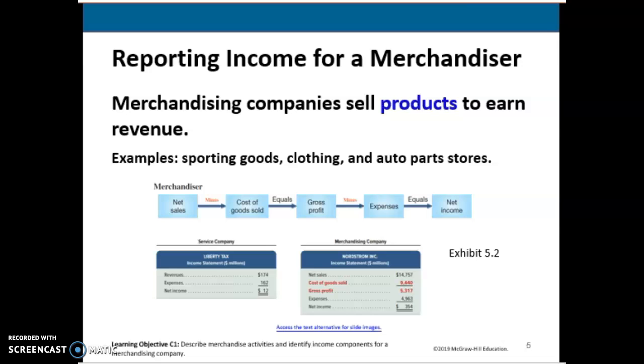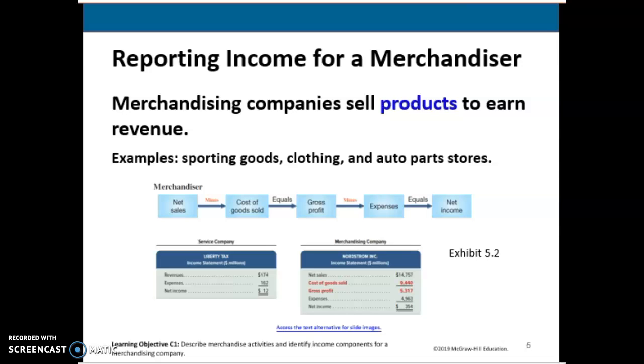When we look at reporting income for a merchandiser, this is coming from selling a product to earn revenue. Our product examples could be sporting goods, clothing, auto parts, groceries, whatever products we are buying to resell to our customer. So we're not making them, we are buying a finished product and selling that finished product to our customers.